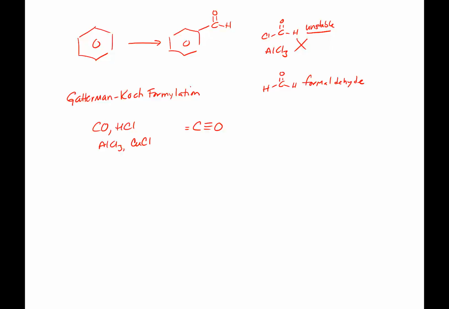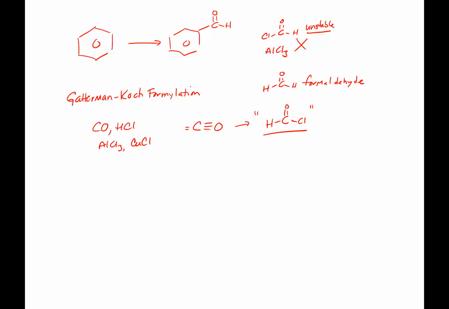And if I add an HCl to that, what I end up doing is making this formerly unstable reagent, and it's still unstable, but if I make it fresh, hopefully it reacts before it decomposes.